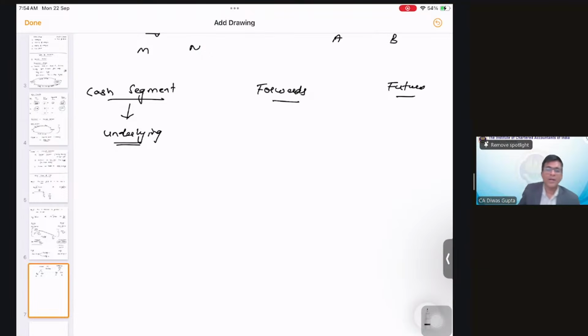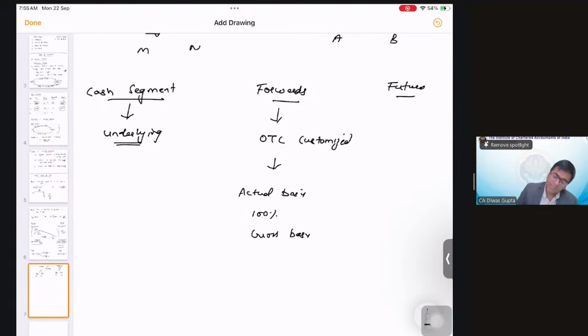For example, the equity shares. Forwards are where OTC, which is over the counter, customized contracts are dealt with, and here the settlement happens on the actual basis, 100% gross basis. That is how the settlement will happen.